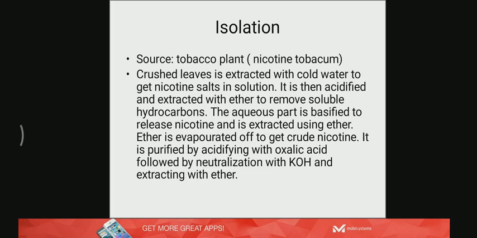This is to be soluble in aqueous medium, because the plant fluid is mainly water. So to be soluble in the cell fluid, all the alkaloids need to be in ionic form.